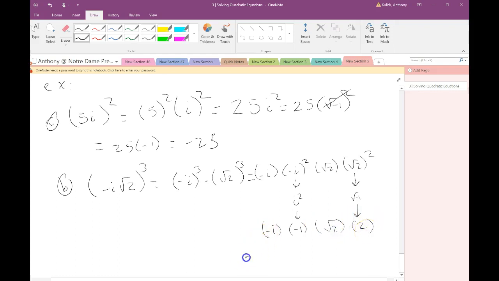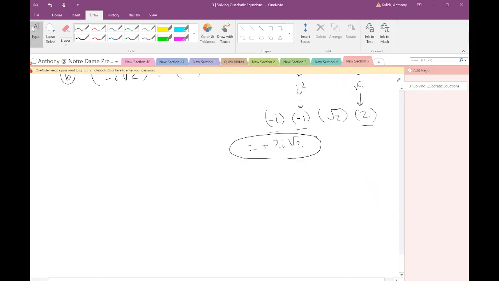So if I combine this together, I'm going to do 2 times -1 times a negative i gives me a positive 2i, and then we have that square root of 2 that I'm going to tack on again.